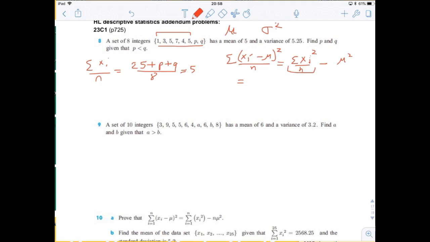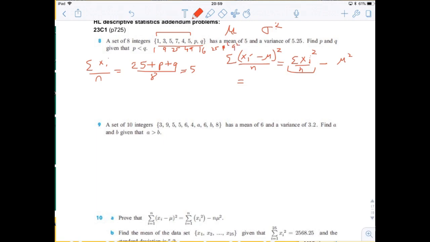So that would be 1 squared, which is 1, 3 squared, which is 9, 5 squared, which is 25, 7 squared, which is 49, 4 squared, which is 16, 5 squared, which is 25, and P squared and Q squared.